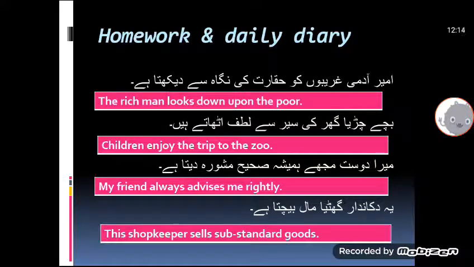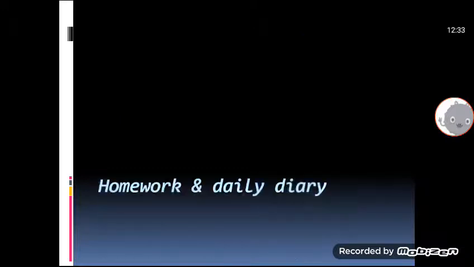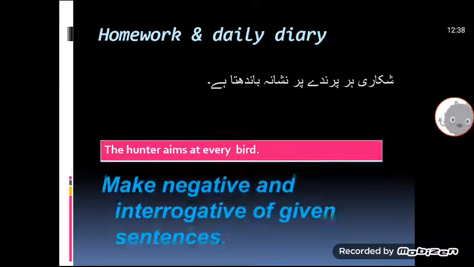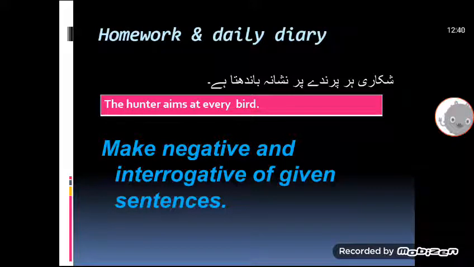The next is this shopkeeper sells the substandard goods. Clear? Now you can see with the verb there is s, and you can find out that these are singular nouns. Clear? And now next one is the hunter aims at every bird. Clear? The hunter aims at every bird.